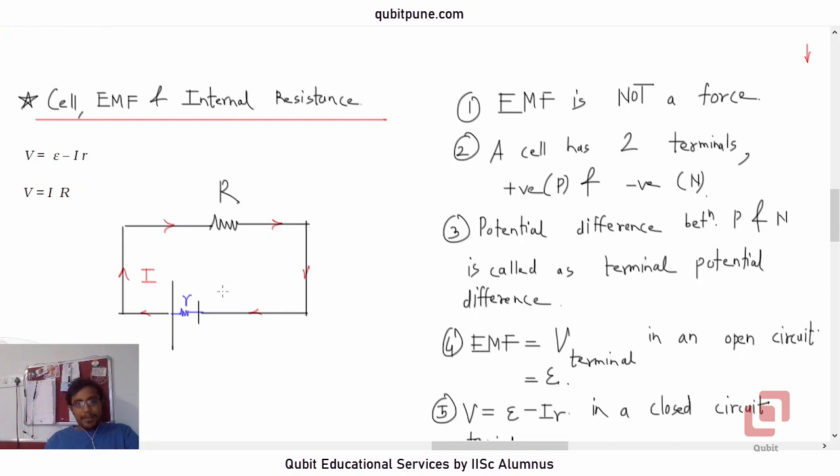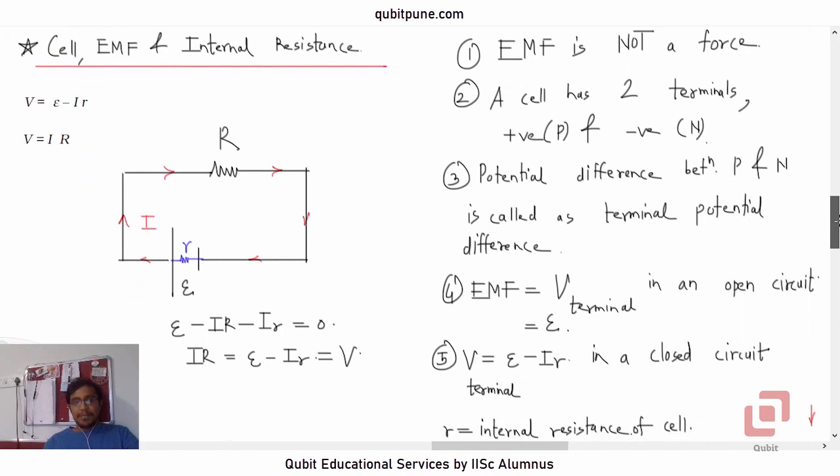If I apply Kirchhoff's loop rule, I'll get epsilon minus IR equal to 0. And IR is the potential difference across the terminal and therefore across the ends of the resistor. So that is epsilon minus Ir, and that is V, the terminal potential difference. Is this clear?